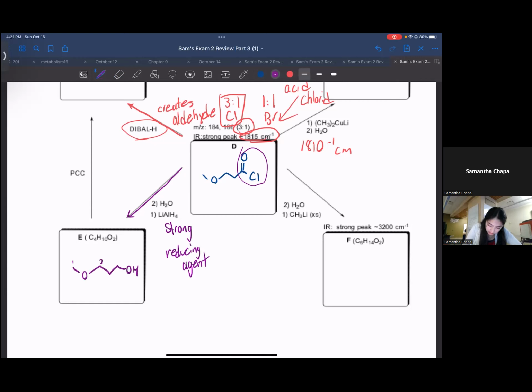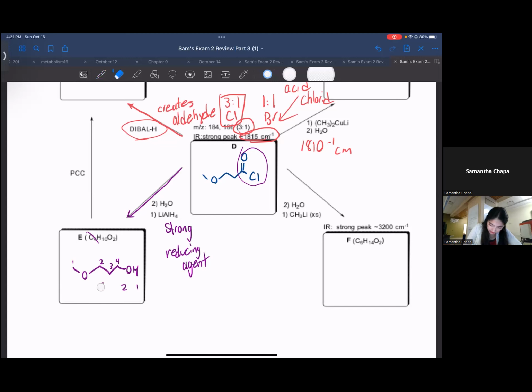Primary alcohol. Count your carbons to make sure you're good, for a total of 3, 2, 2, 2, 1. This is me counting my carbons. Am I missing something? Oh yeah, I'm good.